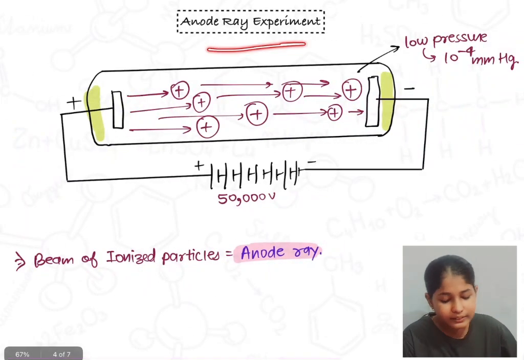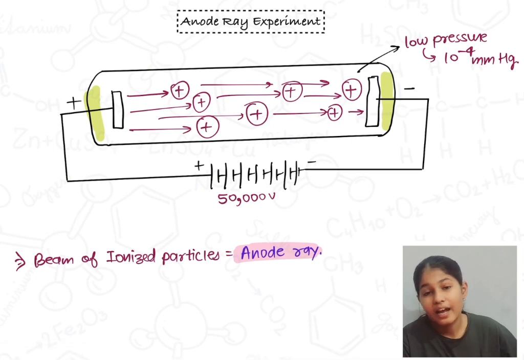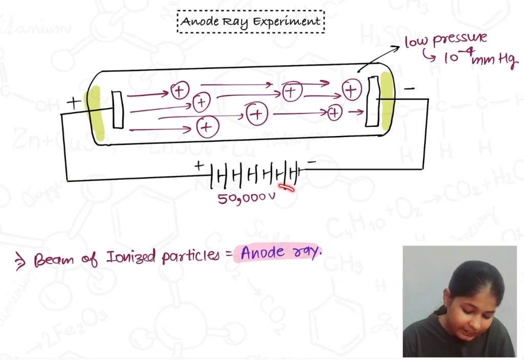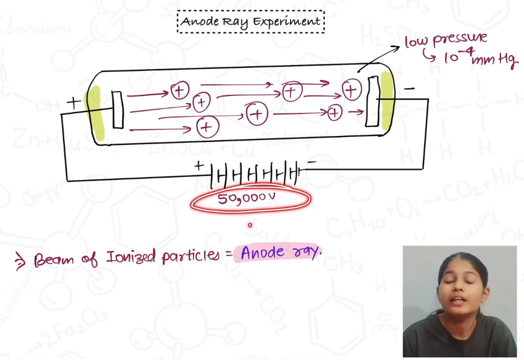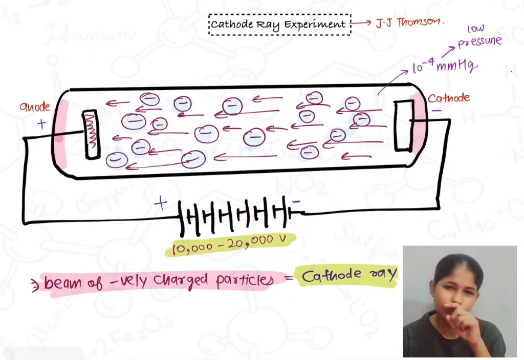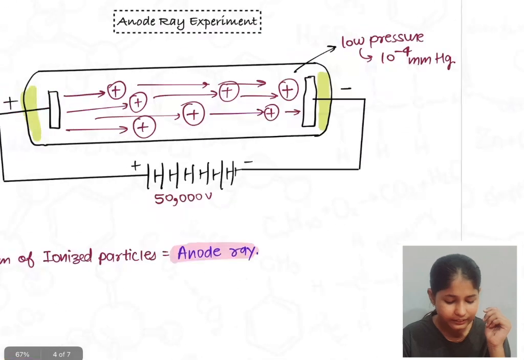This anode ray will be dependent, and that is the main difference between them. And what is the difference in the setup? Yes, the difference in the setup is that it is given 50,000 volt of electric supply, while the cathode ray used only 10,000 to 20,000 volt of electrical supply.